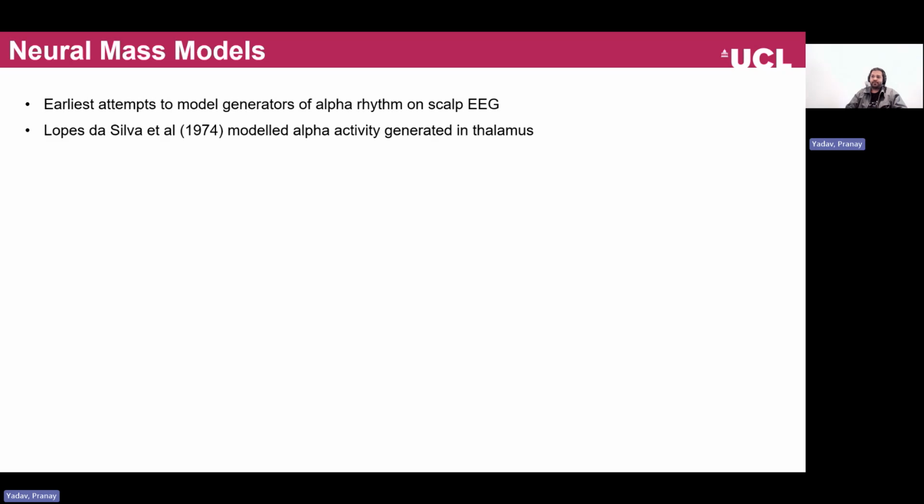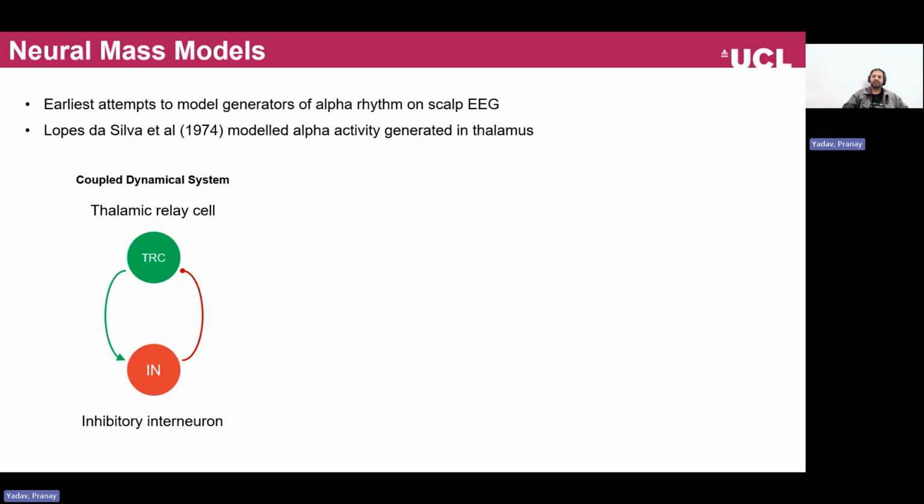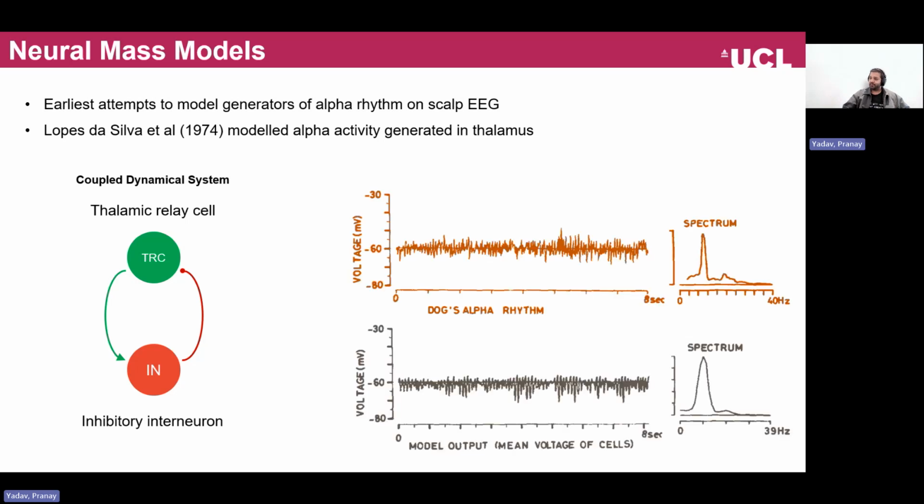Specifically, Lopes da Silva in 1974 modeled the alpha activity generated in the thalamus. He used a coupled dynamical system consisting of two populations, a thalamic relay cell and an inhibitory interneuron. He used this to successfully model the alpha rhythm and the power spectra generated by the cortex of a dog. It's a reasonable fit.